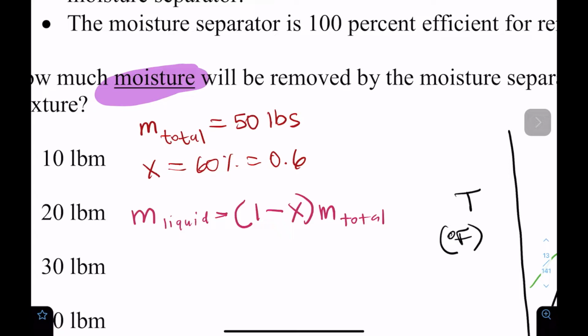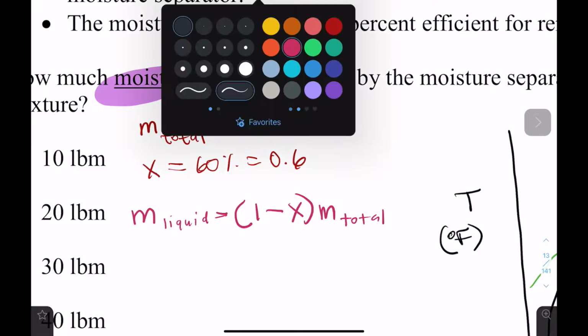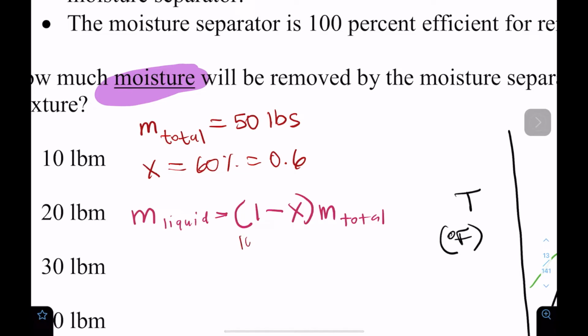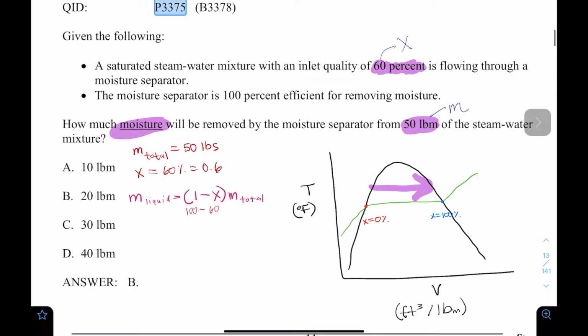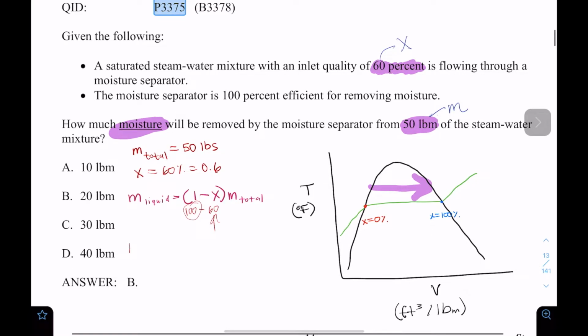Because I need to know, okay, this is basically saying, this is my 100% minus my 60%, right? Because I'm already at 60% quality, but I'm trying to see how far I am from my 100%. So in this case, I know that I am 40% far. That's the rest, right?